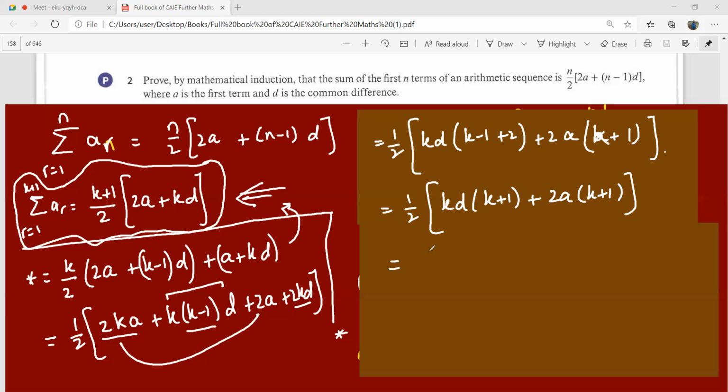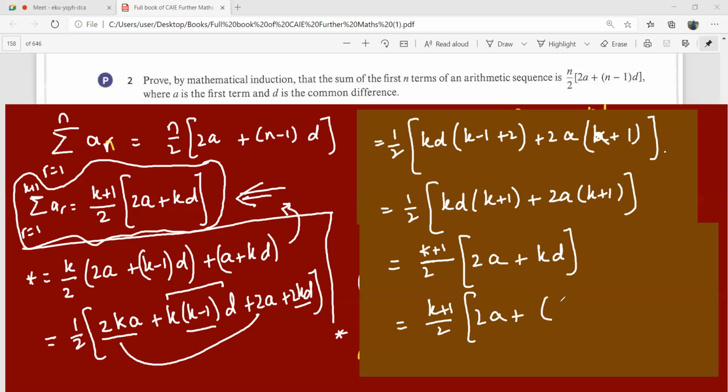So I'll be taking k plus 1 as common and writing here (k plus 1) over 2, and inside you have 2a plus kd. And if you want, you can write it as (k plus 1) over 2 into (2a plus (k plus 1 minus 1) times d). So you see, this n has been changed with k plus 1.